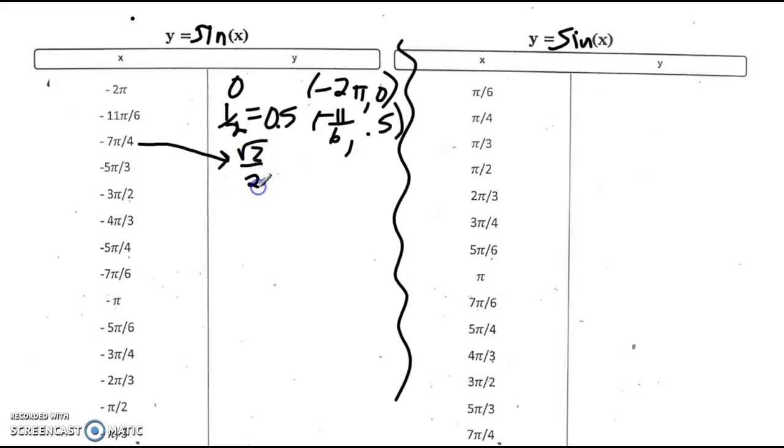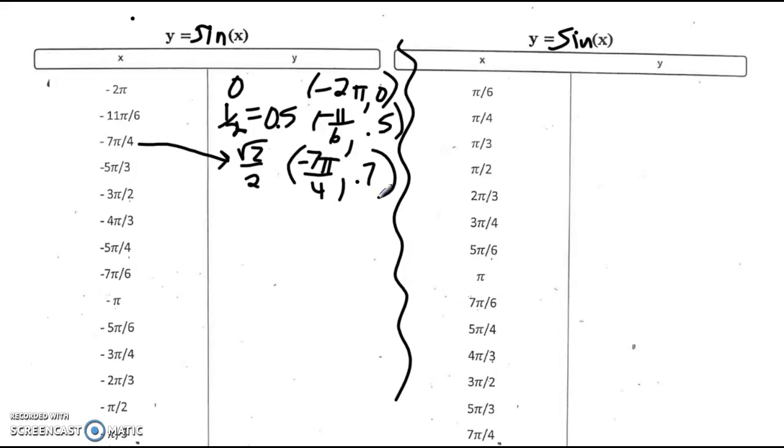For graphing purposes, we will change that to a decimal. So your point will be negative 7 pi over 4. What's square root of 2 over 2 as a decimal? 0.7, I think. Square root of 2 is 1.4 something. I believe it's 0.7.